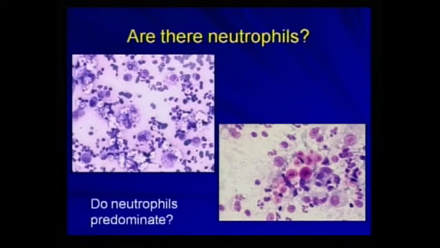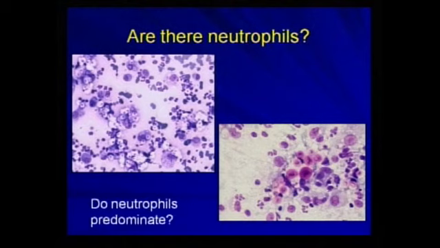So yes, there are neutrophils. Do they predominate? Well, what I see when I look at that slide is I see a number of neutrophils. I also see macrophages. They're larger with foamy cytoplasm, and within those cells I see other structures which are surrounded by a prominent capsule.